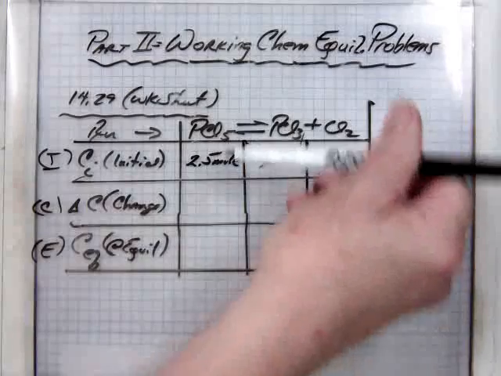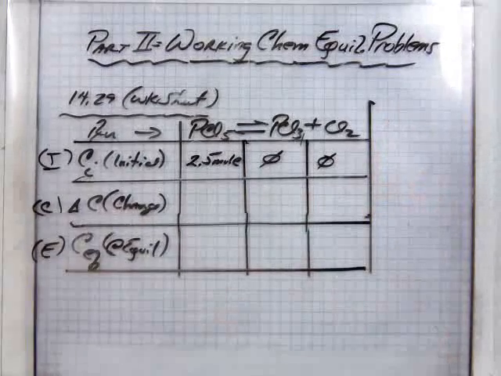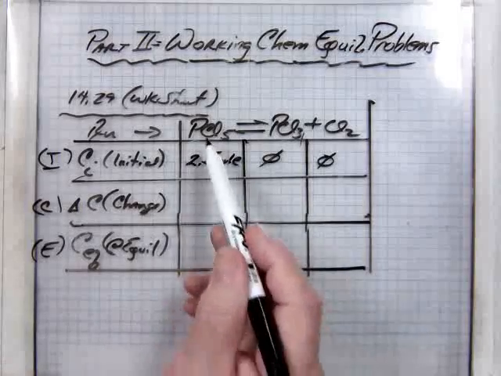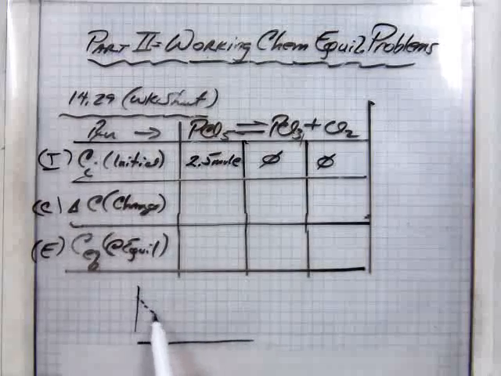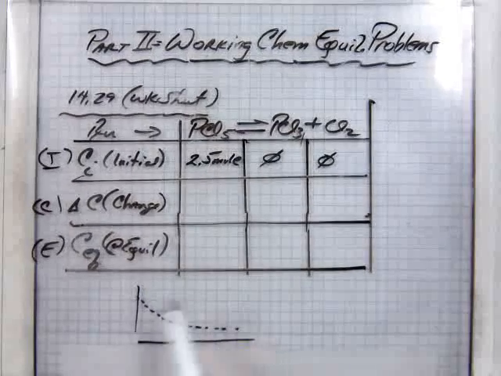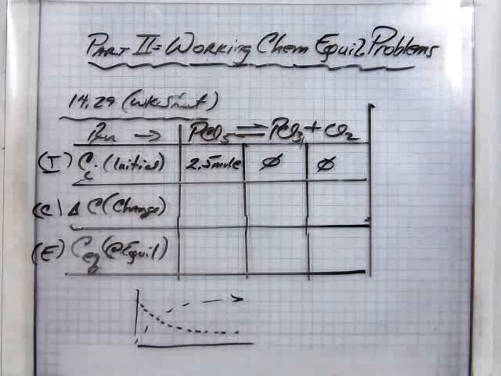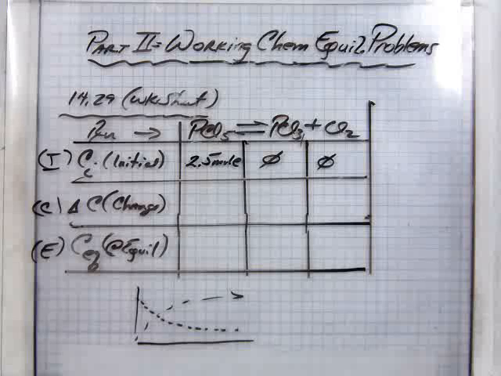Then you allow it to go through; this is really the kinetic region. This second row is moving through the kinetic region to the extent of reaction, or equilibrium region. If you remember the graph that we've been drawing, the reactants go down and the product concentrations go up. Now you don't know what they are, so you enter a variable, X or Y or whatever you want to use.